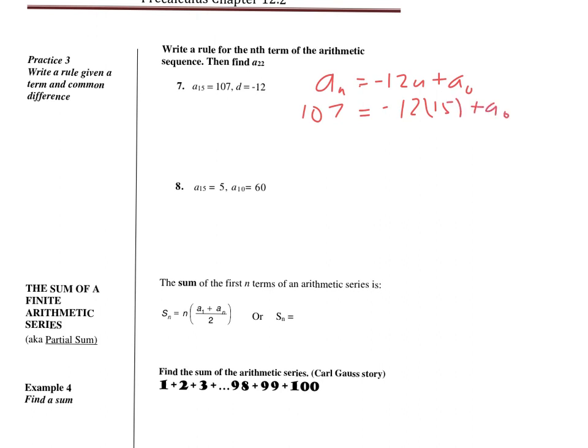Negative 12 times 15 is negative 180, so 107 equals negative 180 plus a sub 0. If I add the 180 over, a sub 0 would have to be 287. So we can say a sub n equals negative 12n plus 287.